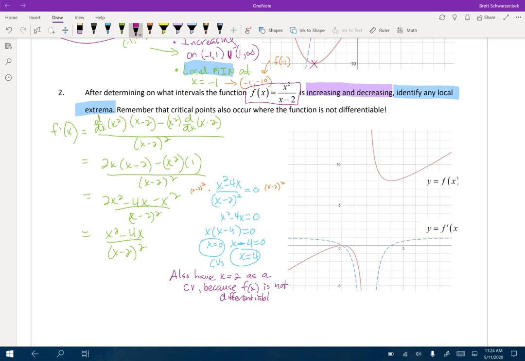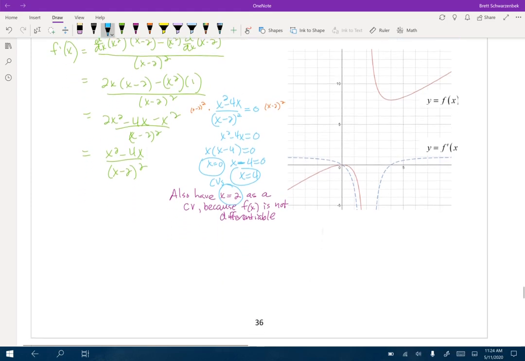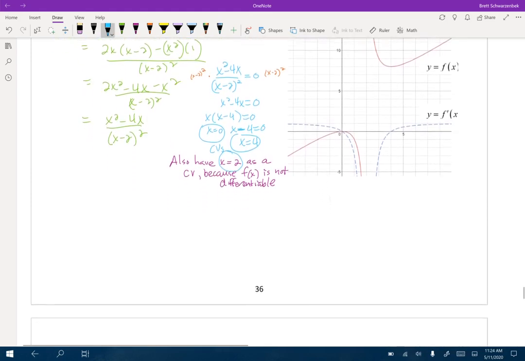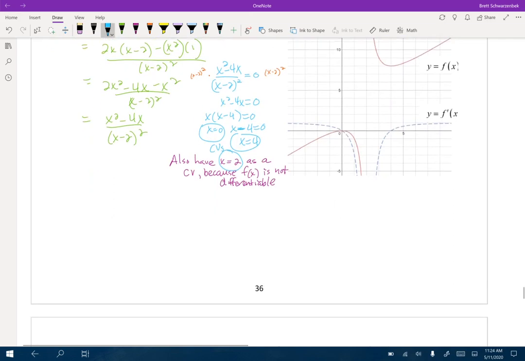Okay, so we have 3. Now, I do know, obviously, some students are going to miss that, right? So I would just be very careful when you look at your original equation that you see that, because that now has to go on your number line. So draw it out. So 0, 2, and 4.